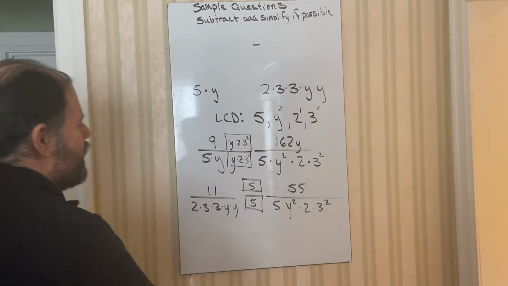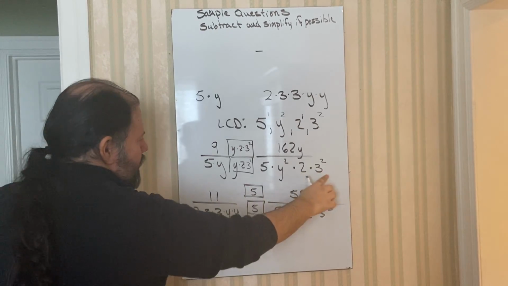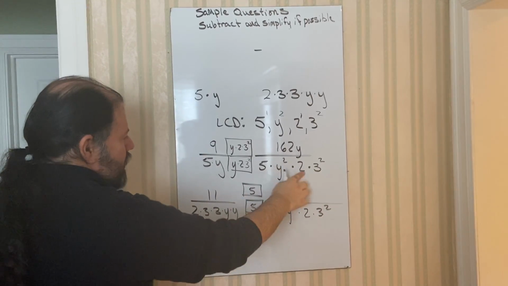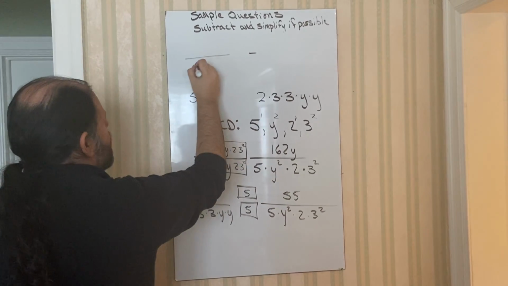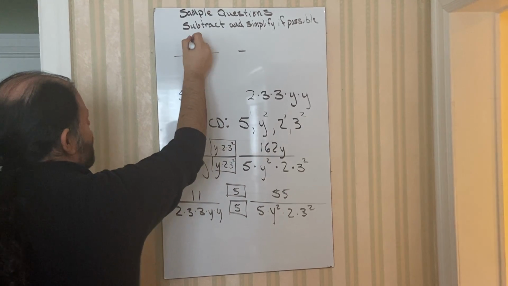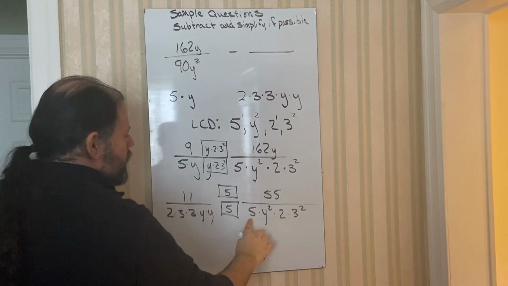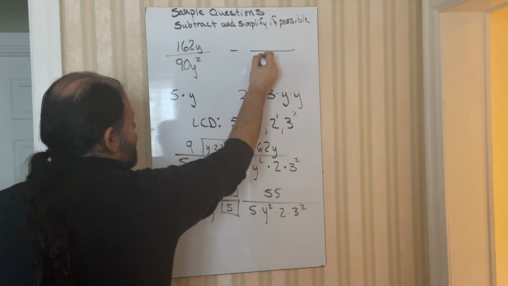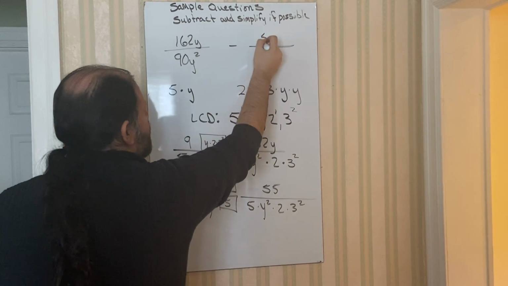But here, multiplying out might make it easier for you. 5 times 2 is 10, times 9 is 90, y squared. And notice the top is 162y. And for the other one, we know this equals 90y squared. And then 55.